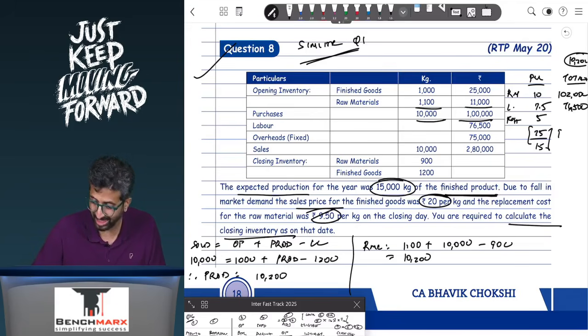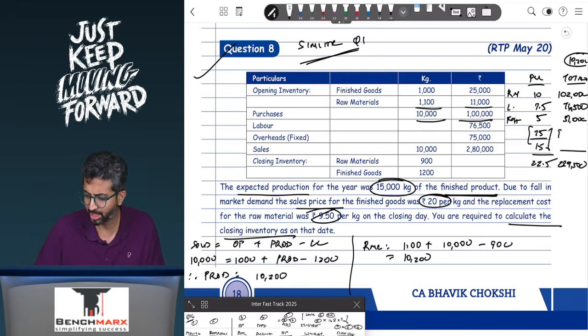And I have 10,200 into 5 comes to 51,000. So if I go to see my total cost per unit comes to around 22.5, and this number 102 plus 76.5 plus 51 comes to 229,500.